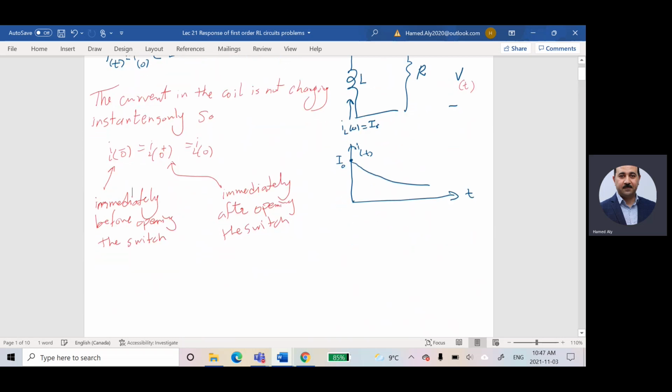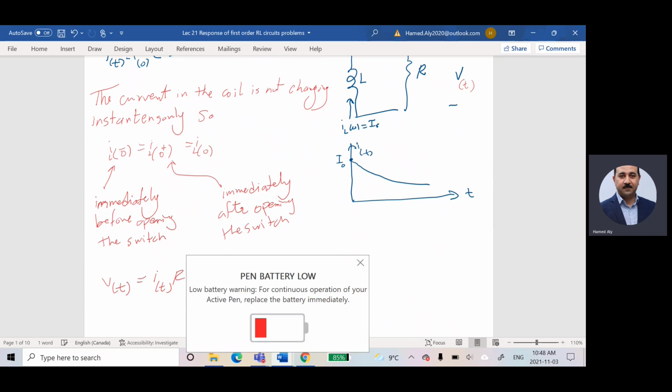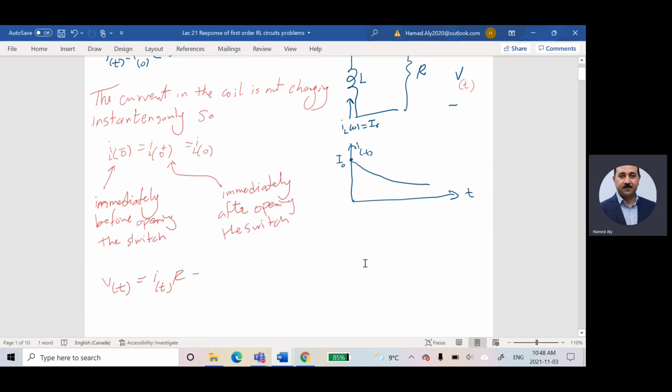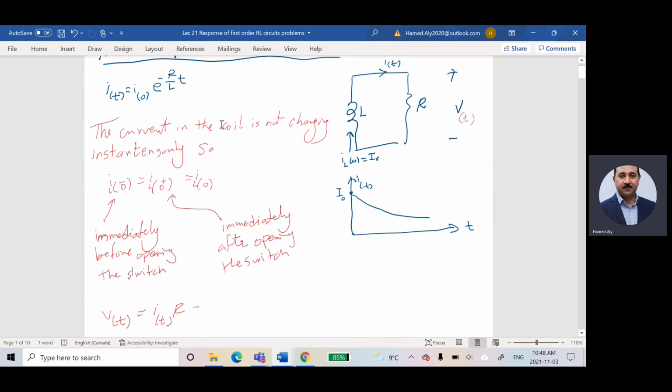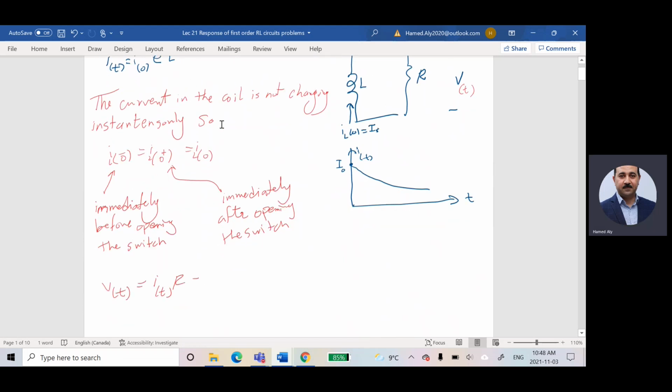So V of t, based on that equation, should be equal to I of t multiplied by R, which is equal to, from that equation, I can say it is equal to what? I can say it is equal to I of 0 multiplied by R multiplied by e to the power negative R over L t.